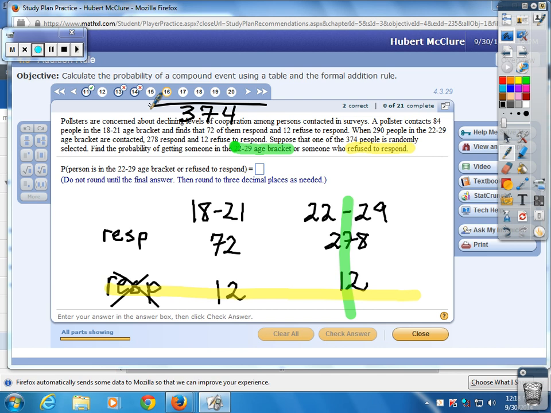That's the green. So 278 plus 12, plus the yellow, which is 12 plus 12. And then we're going to minus the overlap. What's the overlap? 12.